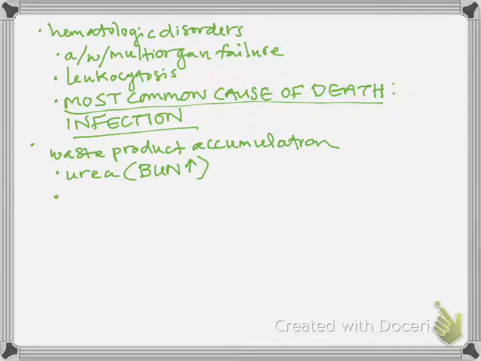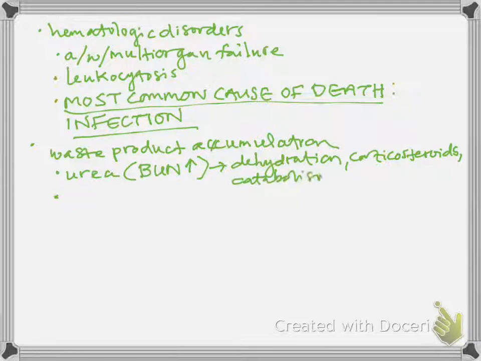Like I said, urea is an end product of protein metabolism, but BUN can also be elevated with dehydration, corticosteroid use, catabolism in infection, meaning increased breakdown of nutrients or a fever-like state, and any type of injury or trauma. Normally these byproducts are excreted in the kidneys.